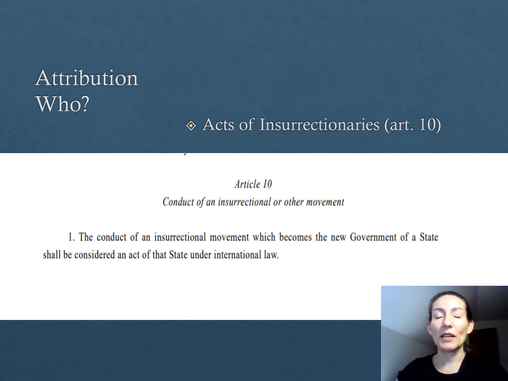But the main idea is that an insurrectional group might become internationally responsible for violations of international law if it becomes a representative of the state. However, the state is not normally responsible for damages caused by civil unrest within its territory that might have some kind of negative impact in a third country.